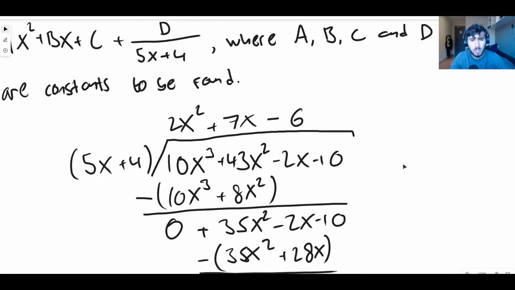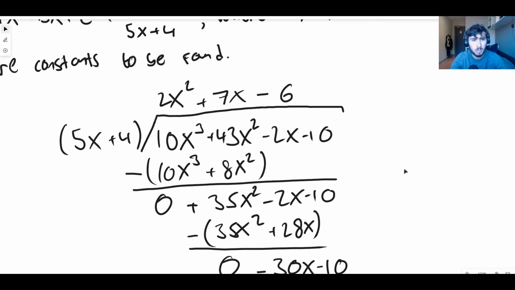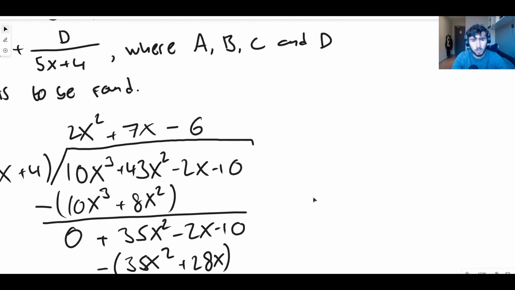And all we need to do is put this into the correct format, because we know what our remainder is now. We know what the rest of it is. So the way that we'd write out our answer is like this.